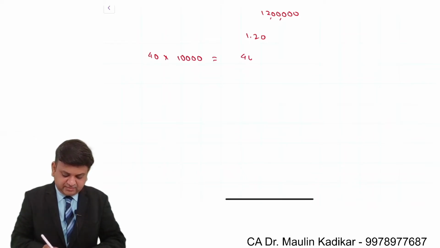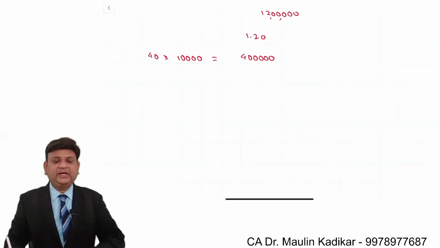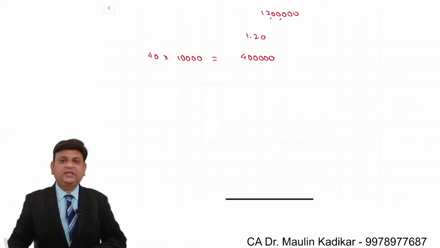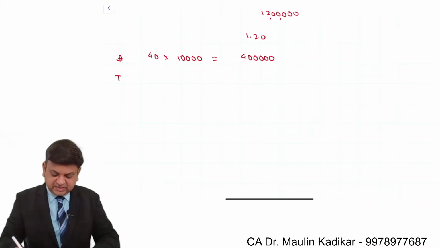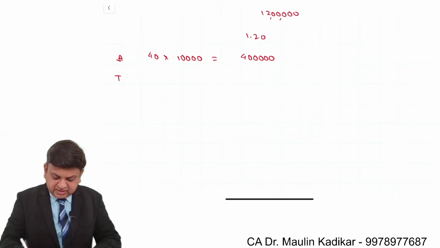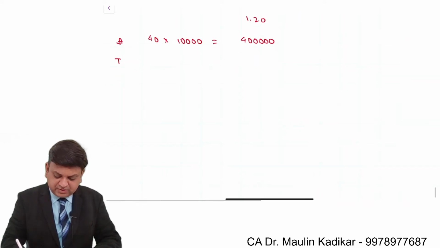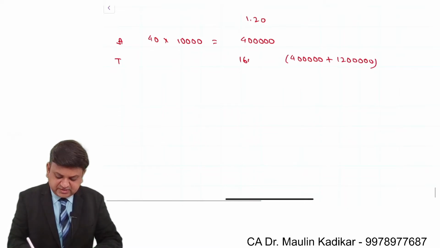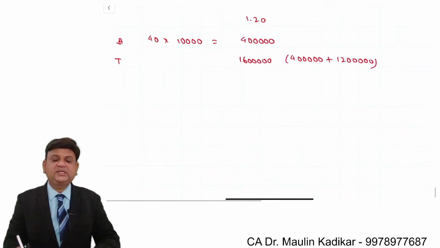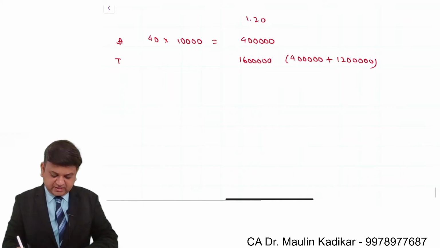This is for acquiring company. For the target company, what will happen? We understand that apart from this 4 lakh rupees of the gain, there will be an increase in the market value due to merger of 12 lakhs. So the total gain will be 16 lakhs. This amount of the gain is of the target company.